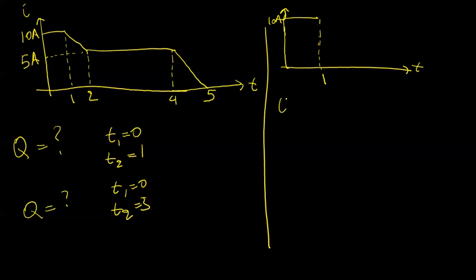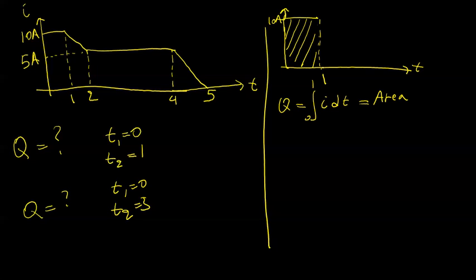Now we know Q is the integral of I dt from 0 to 1. So this is, in other words, the same as the area under the curve, right? I dt, the area under the curve. So the area is technically 10 times 1, right?